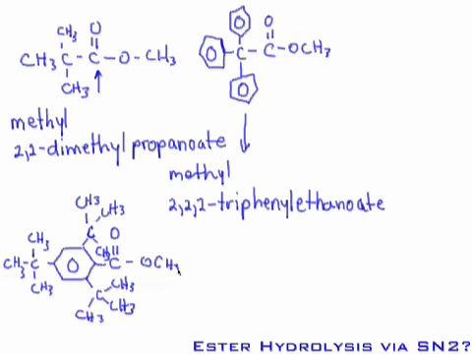So what have we got here? We've got methyl. And then we have 2,4,6-tert-butyl benzoate.